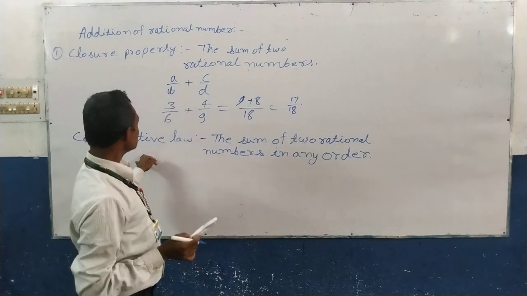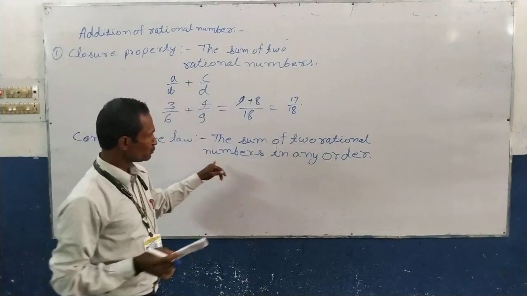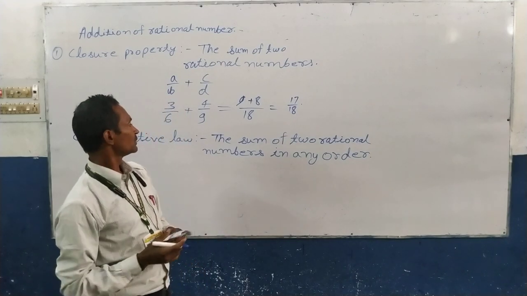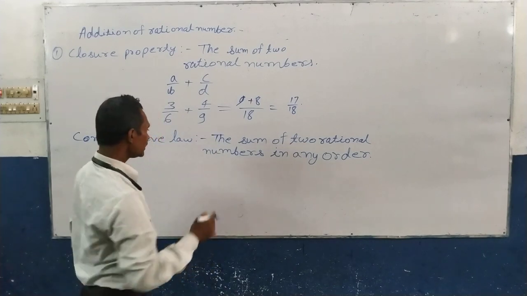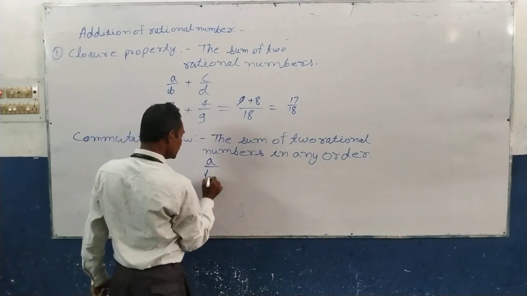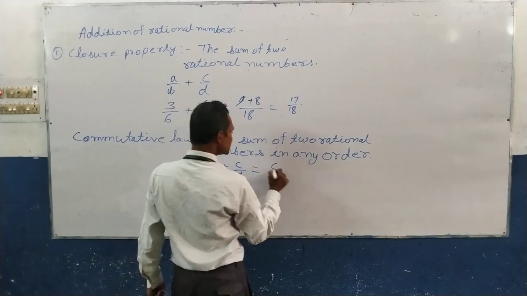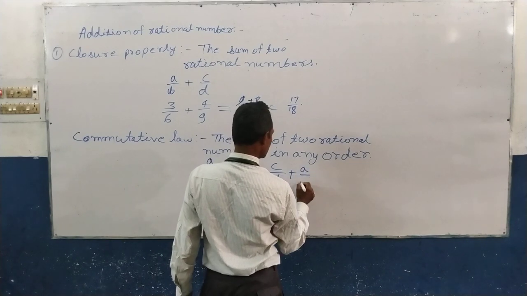In the second, the commutative law, the sum of two rational numbers in any order, just like a by b plus c by d is equal to c by d plus a by b.